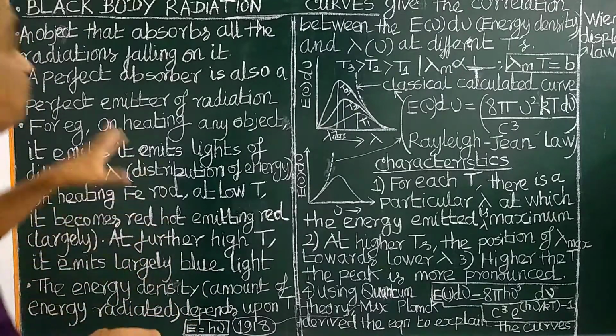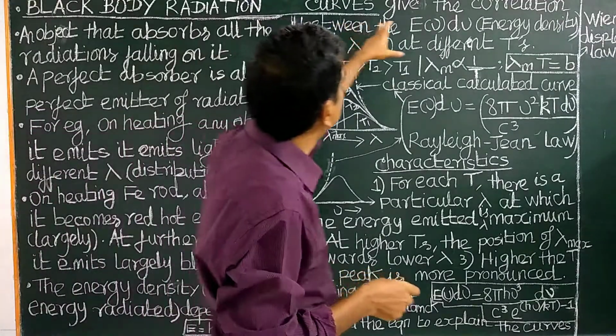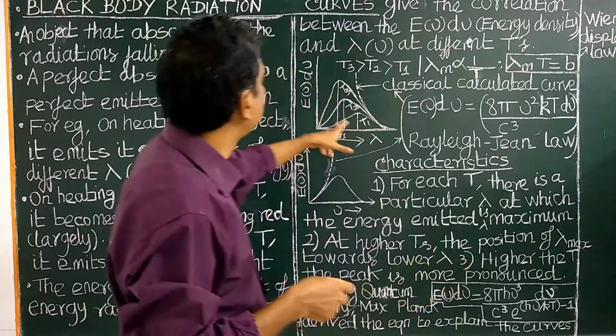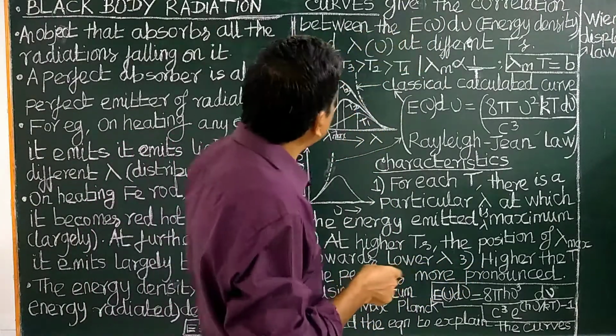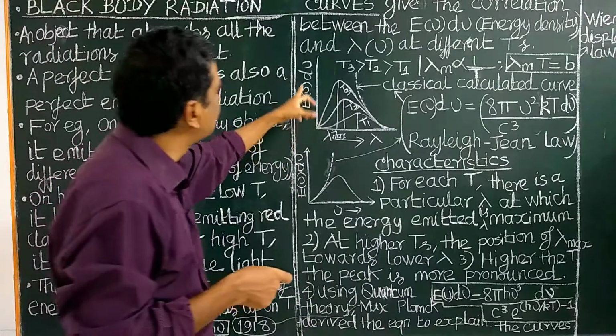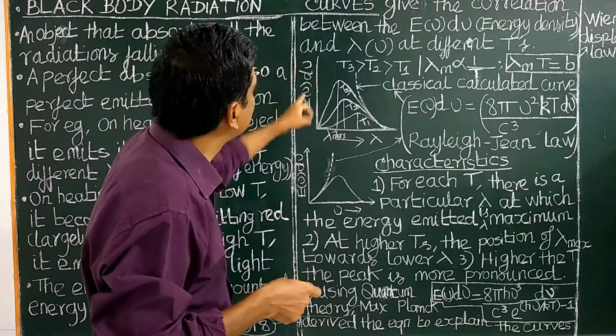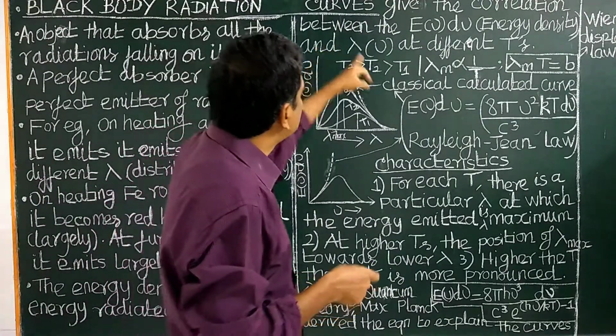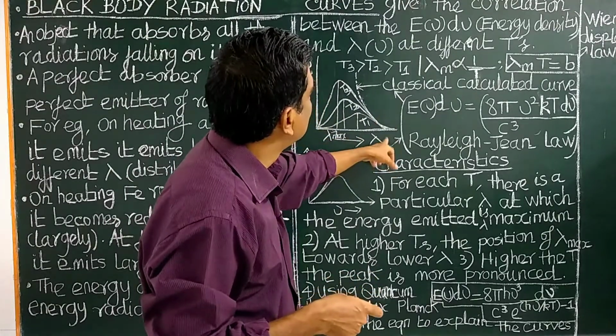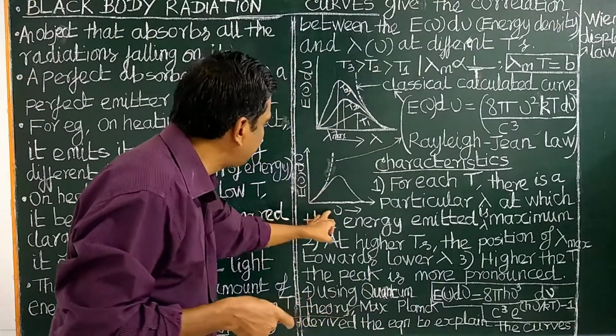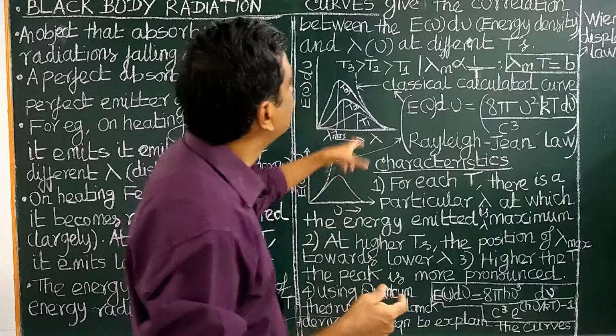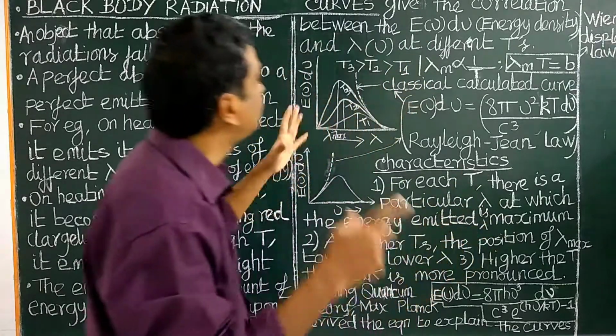Now, the black body radiation curves I have shown here give the correlation between the energy density versus lambda or frequency of the light emitted at different temperatures.